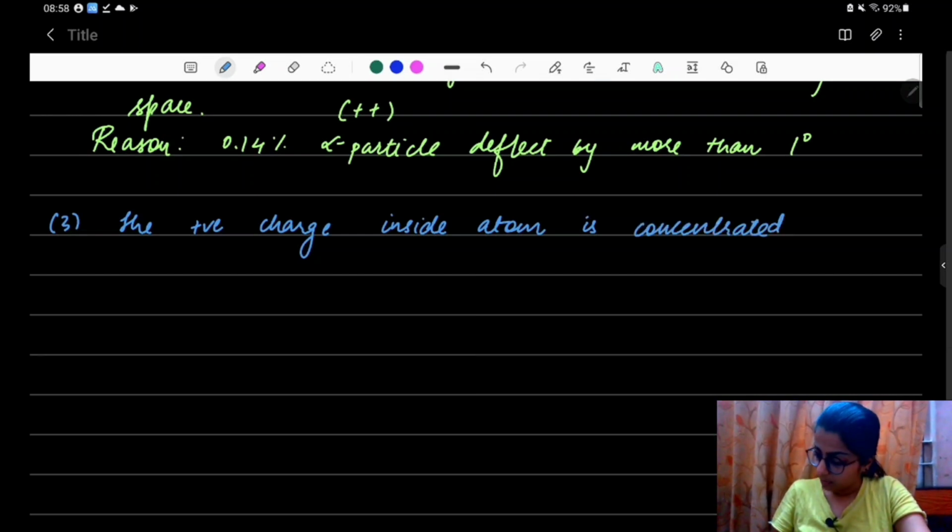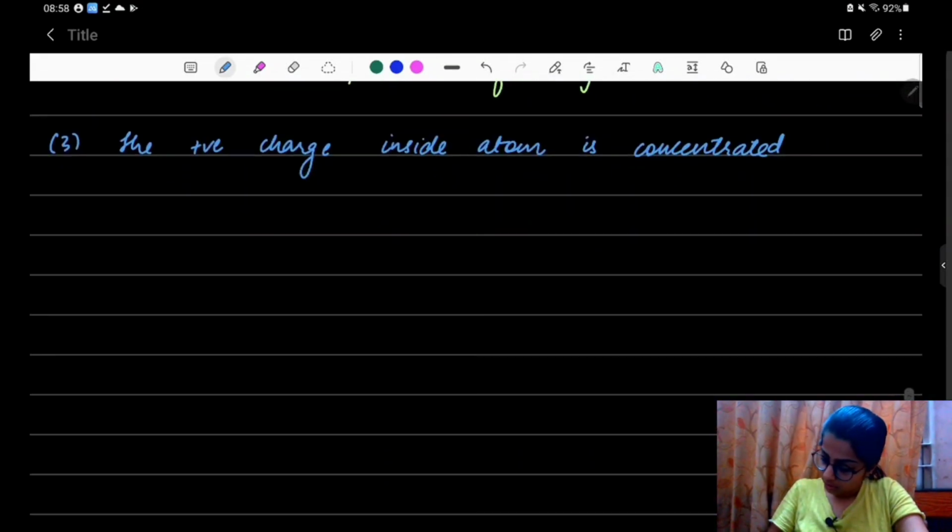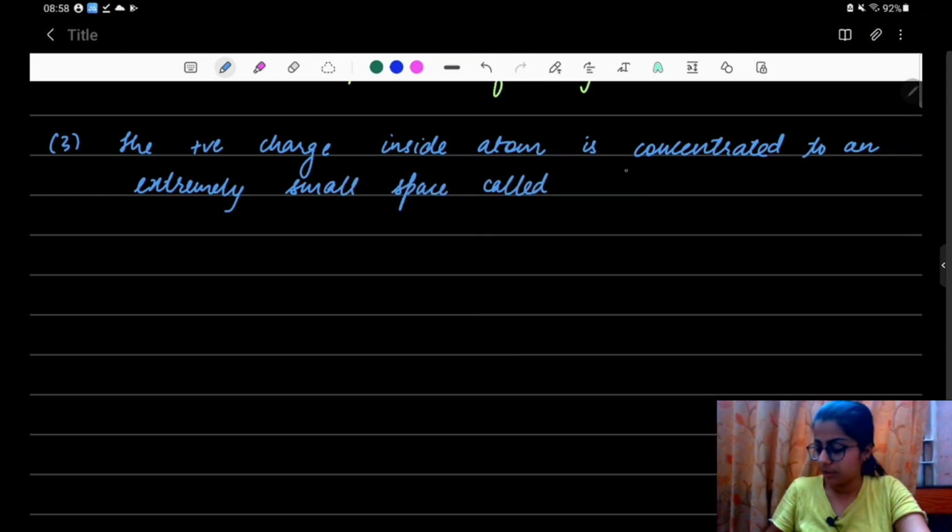Charge is present, but that charge is concentrated to an extremely small space, extremely small space, called nucleus.